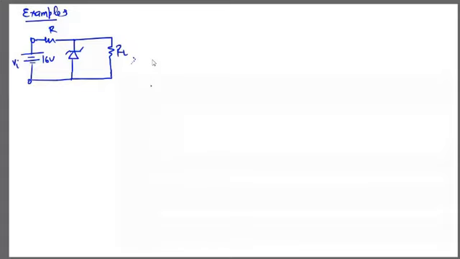This is 16 volt. In the first case, the question is for the Zener diode network: determine VL, VR, IZ, and PZ for RL equals 1.2 kilo ohm.